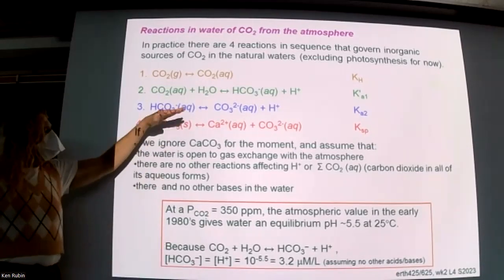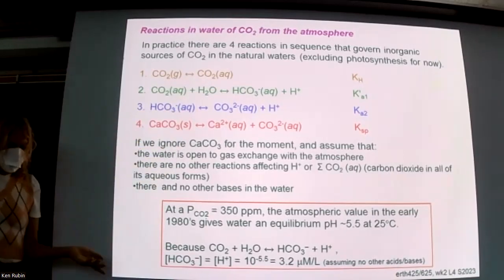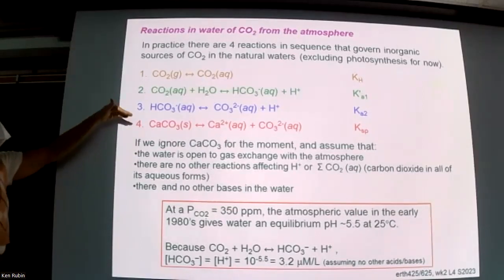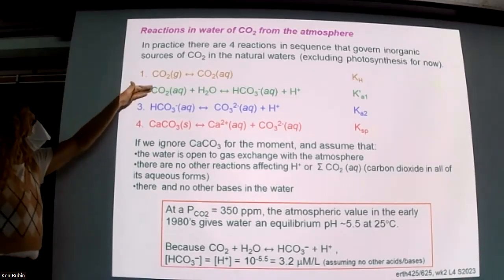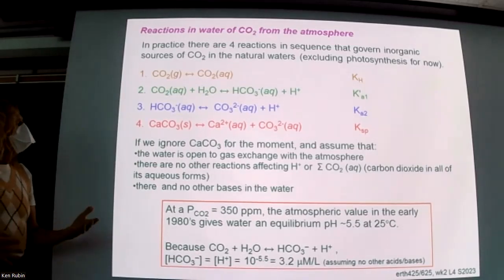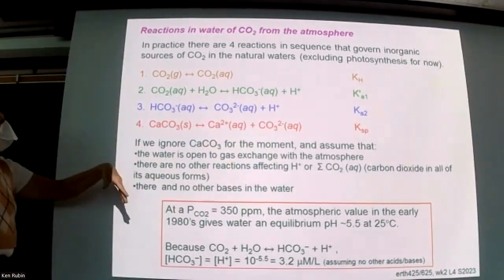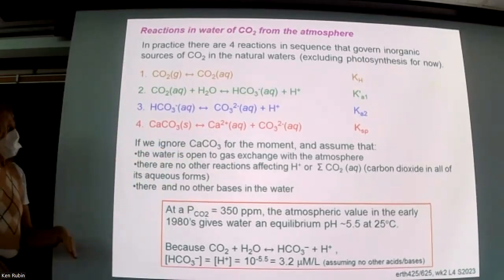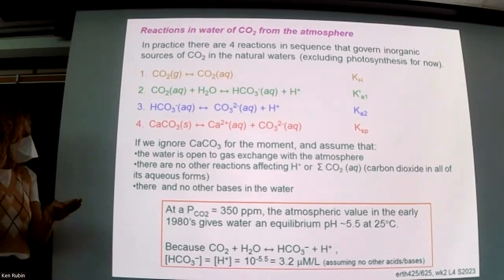And so it's useful to be able to use equilibria, put equations together, and remind yourself how the algebra works. As I say, there's a whole slide in the review pack that goes through this in detail. But what we're going to see is that these equilibria work in concert with other reactions that happen in the environment, which affect the hydrogen ions and therefore the pH, and which also affect things like carbon dioxide and calcium concentration, to change the relative equilibrium state in different parts of the hydrologic cycle.